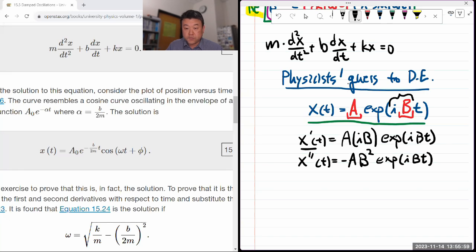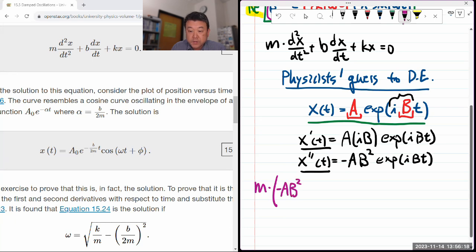So I have both of my time derivatives, so I can plug this into the differential equation to see how the pieces fall out. I have m times my second order derivative, minus ab squared, and I can see that all my terms will have this exponential factor. So I'm going to factor it out to the right, so I don't have to write it multiple times.